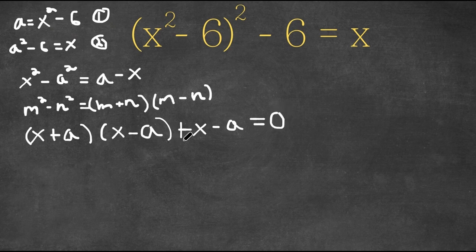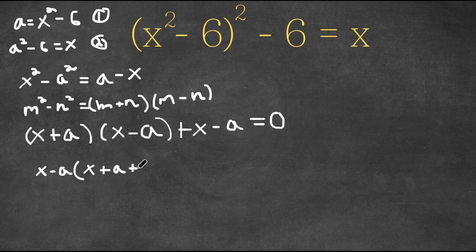So now I'm going to factor out x − a from this. (x + a) times (x − a) divided by (x − a) is simply x + a. And (x − a) divided by (x − a) is 1.